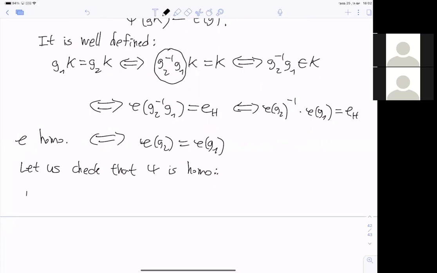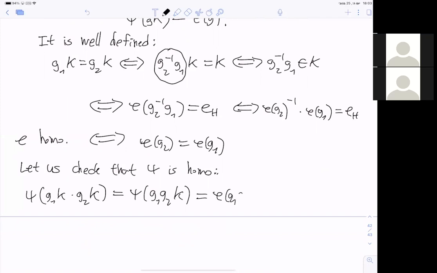Because psi of g1K times g2K is of course psi of g1g2K, because K is normal, which is equal to phi of g1g2.